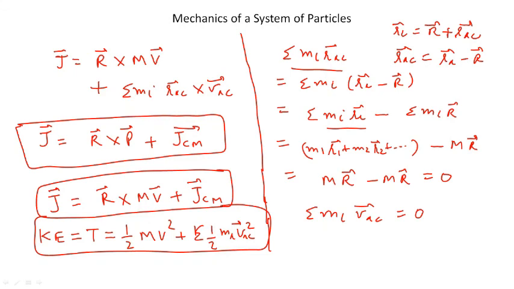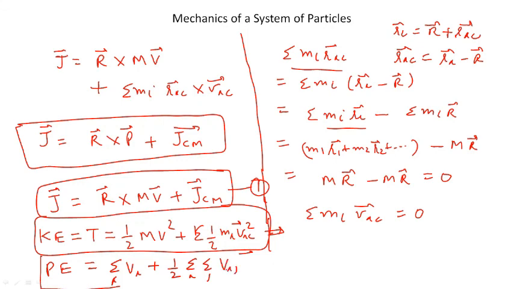You have to remember this for the center of mass term. Now potential energy can be written as sigma V_i plus 1 by 2 sigma_i sigma_j V_ij, where i is not equal to j. You have to remember these three relations. Thank you.